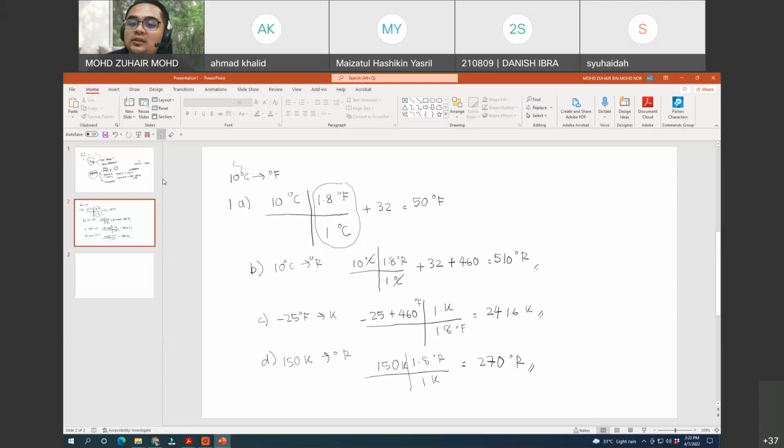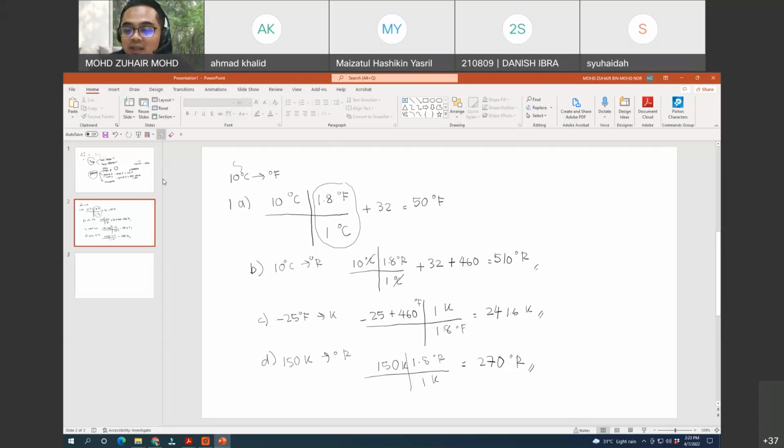Okay, if you notice here, if you want to convert from SI unit to English unit, the 1.8 will be paired with the English unit, not the SI unit. So it will always be like this, regardless of whether it is 1.8 Rankine over 1 degree C or 1.8 Fahrenheit over 1 Kelvin.